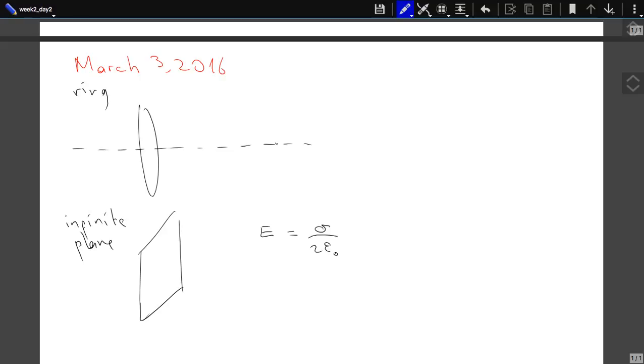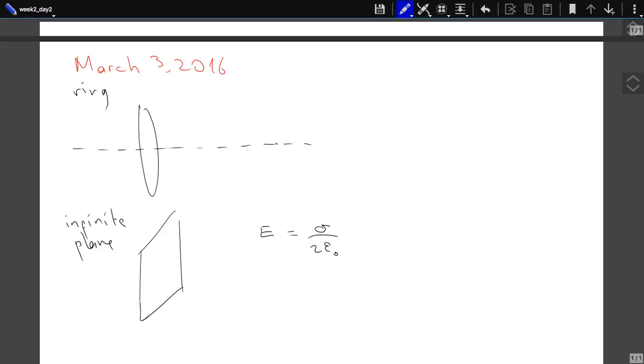Note that I'm adding them. Although I know that these 2 electric fields will be in different directions, it is a vectorial sum. Now, let's say that this is the x direction. What is the electric field created by this plus 2Q charge?